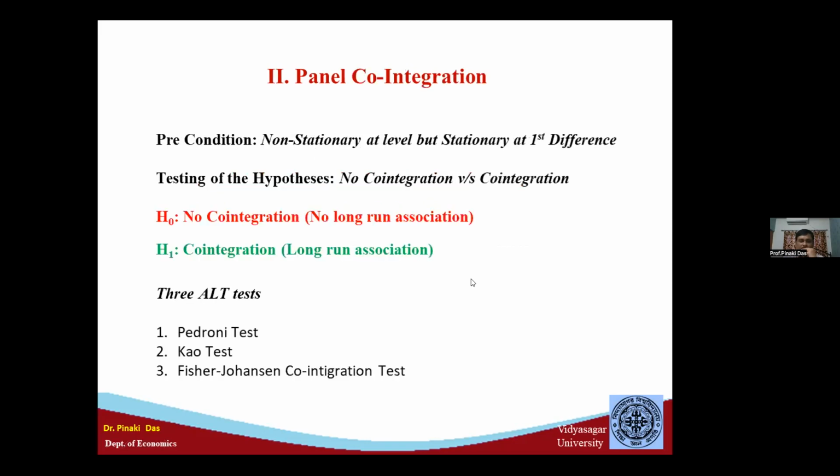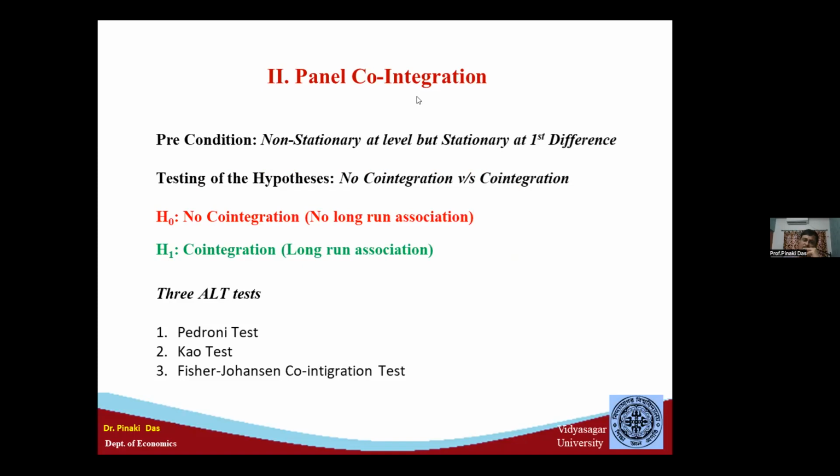Now the second criterion is the panel co-integration test. That is another test to understand the long-run causality between dependent and independent variable. If we are interested to understand whether GDP and, say, export, the volume of export, another variable, have any long-run association or not between these two variables, then we perform the panel co-integration test.